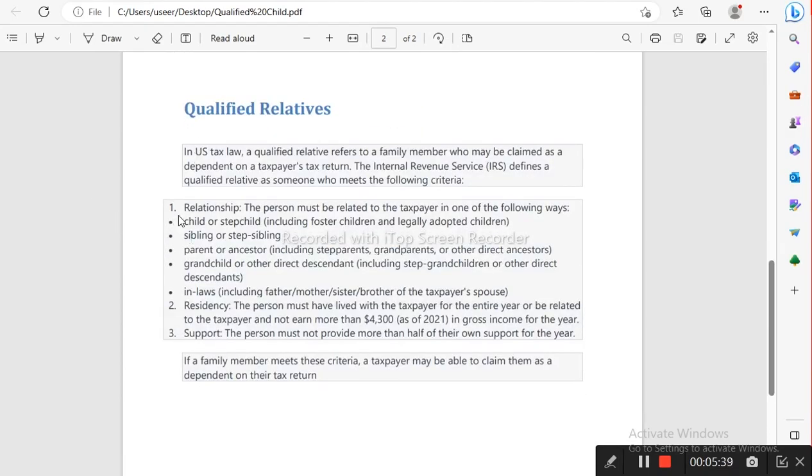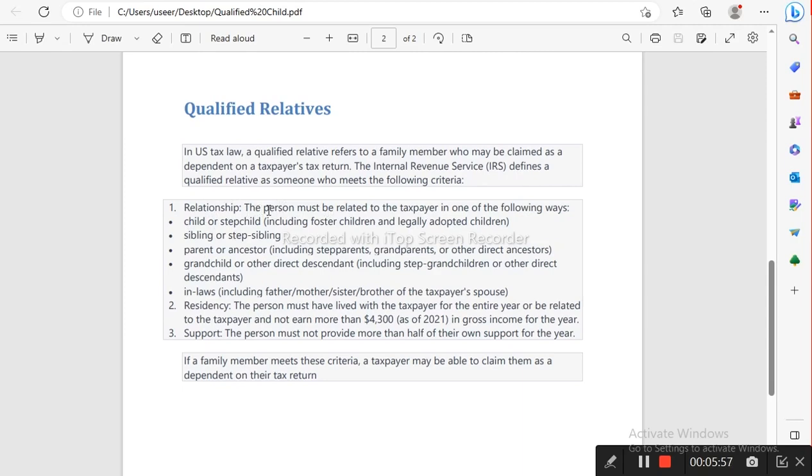Qualified relatives. In US tax law, a qualified relative refers to a family member who may be claimed as a dependent on a taxpayer's return. The Internal Revenue Service defines a qualified relative as someone who meets the following criteria. First one is relationship.